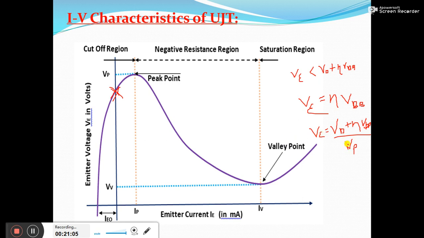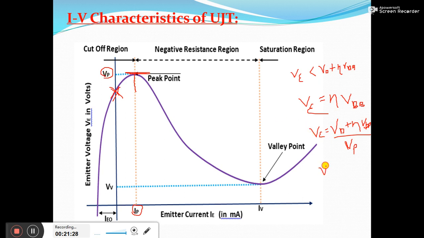Whenever this V value is equal to VP, this is the point where V equals VP. Here the corresponding current is referred to as peak current, that is IP, and the corresponding voltage is referred to as peak voltage.